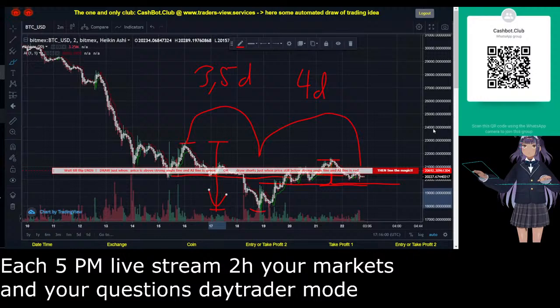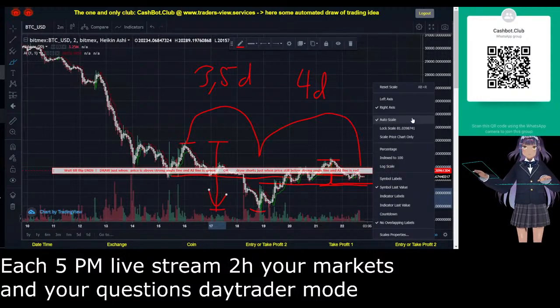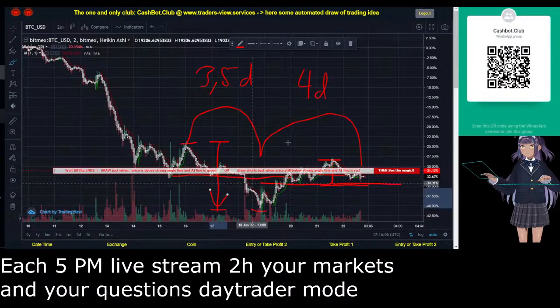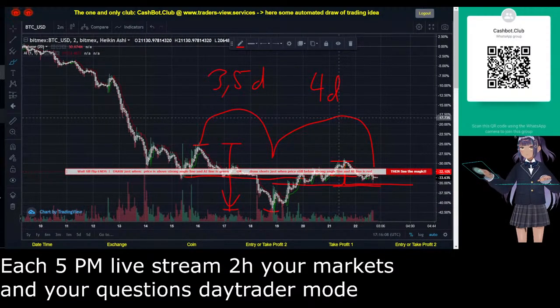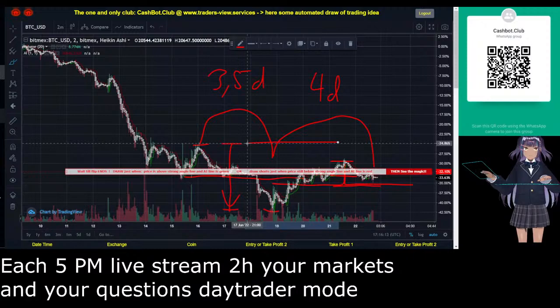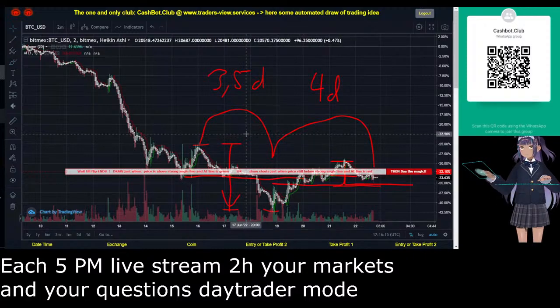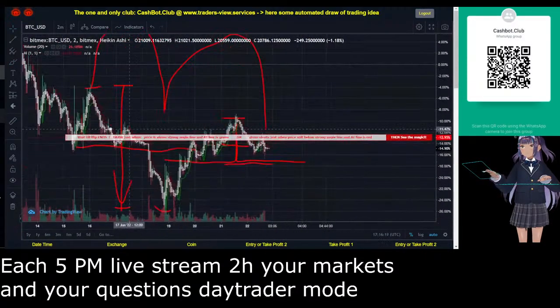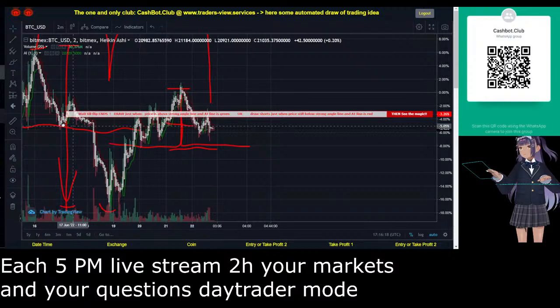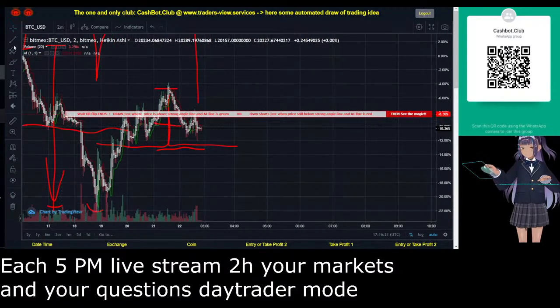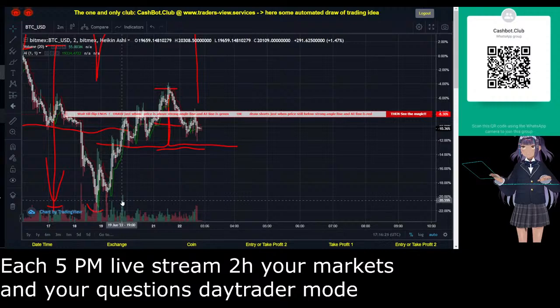Here you see the swing range. Let's make it in percent instead. If we look here, you have from the peak, where 0, down 20% in the first part.